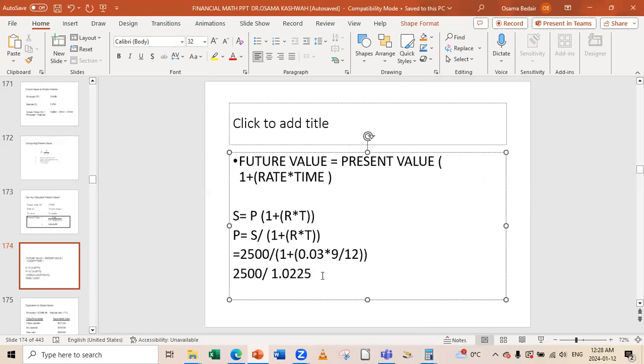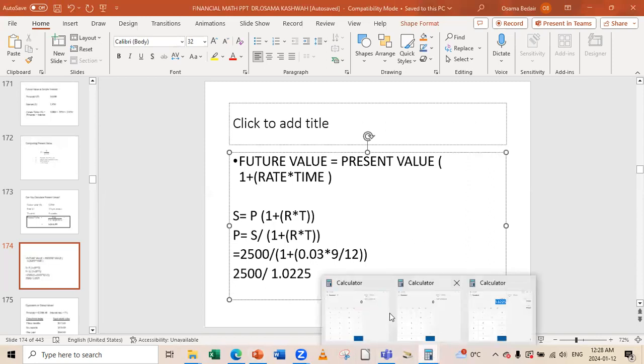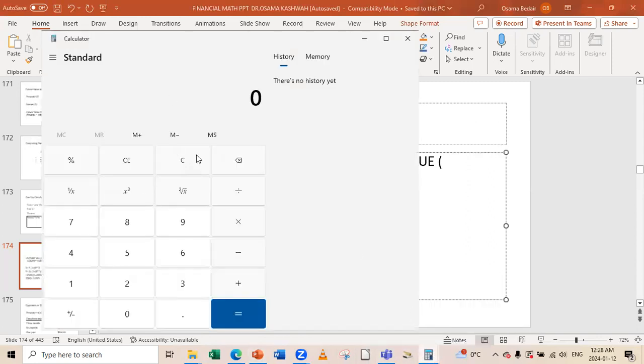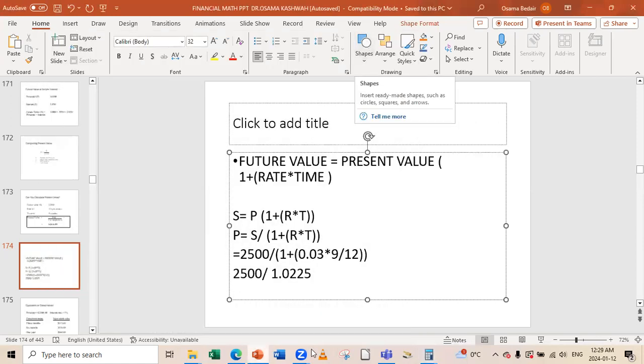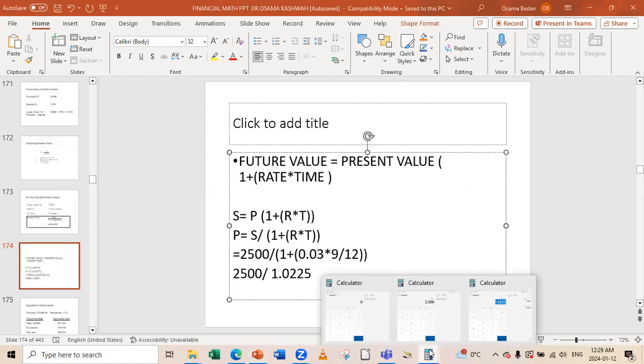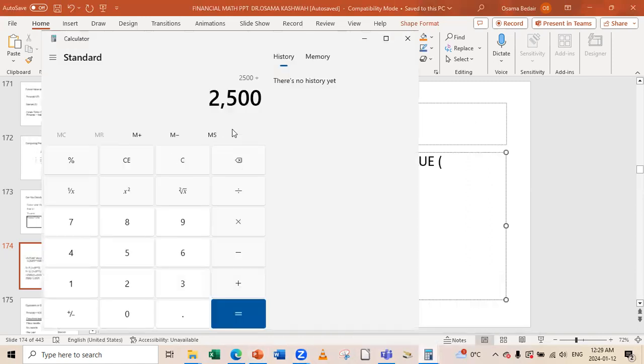So now we have to divide 2,500 by 1.0225. Now we get the calculator back: 2,500 divided by 1.0225.